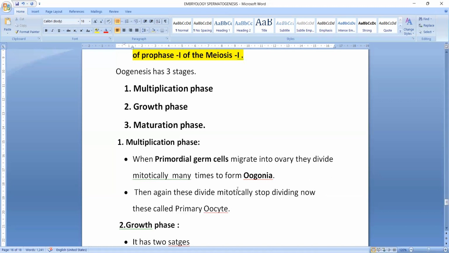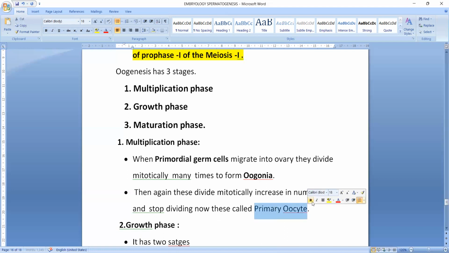Then these oogonia again divide mitotically and increase in number, and then stop dividing. These are called primary oocytes.